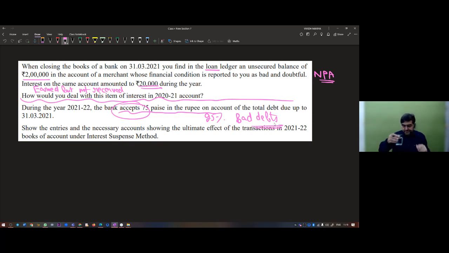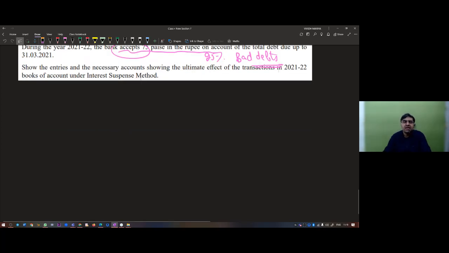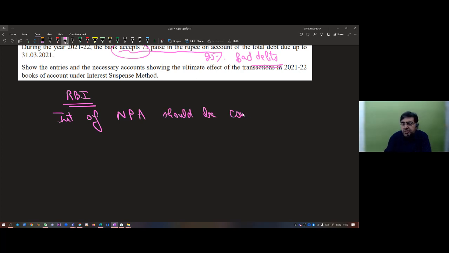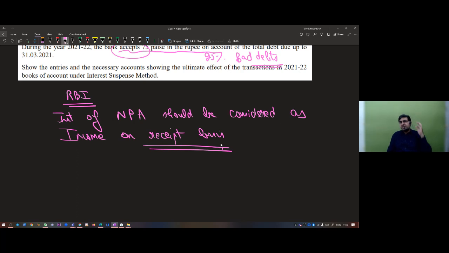Let's do the accounting. RBI says interest of a non-performing asset should be considered as income on receipt basis and not on accrual basis.